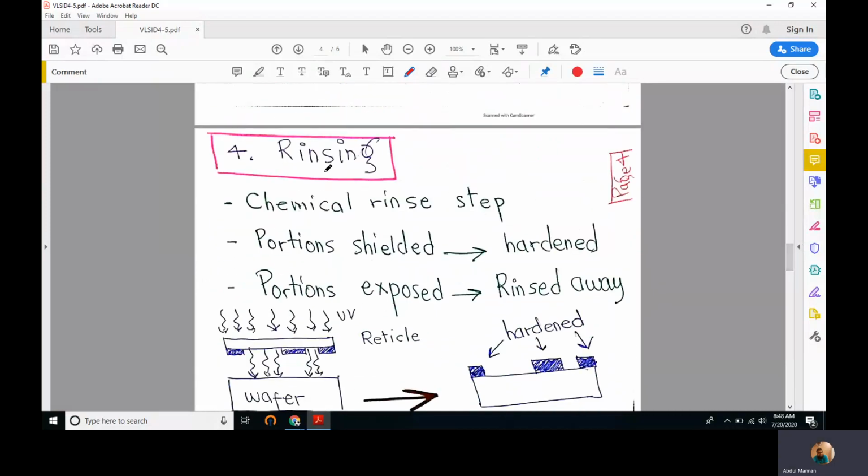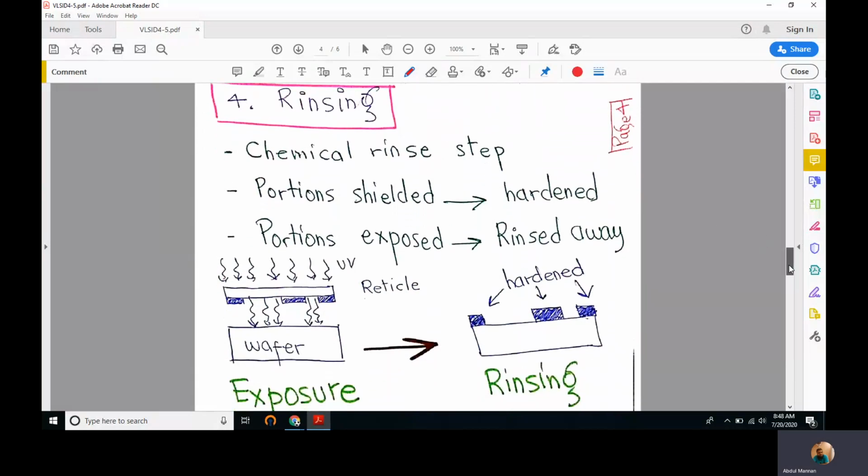And then the next step is rinsing. The chemical rinsing step: the portions that are shielded, under the opaque portions of the reticle or mask, are hardened. The portions that are exposed to UV light are not hard and can be rinsed away.